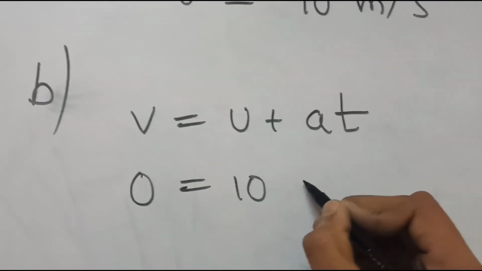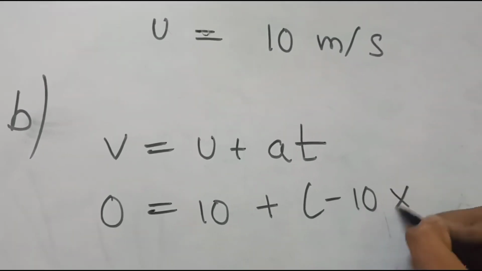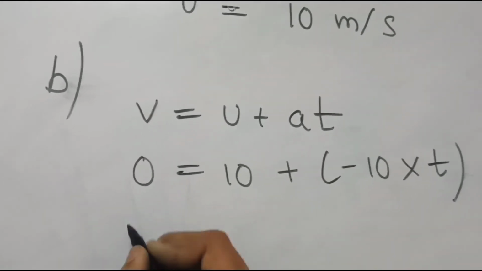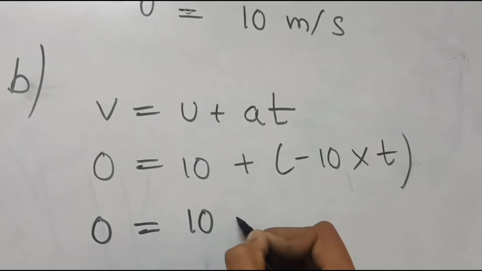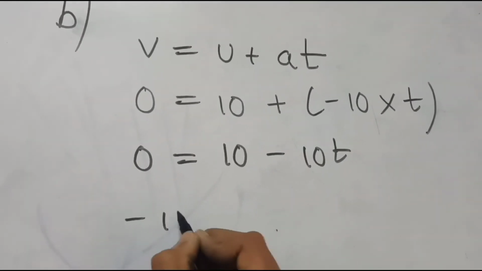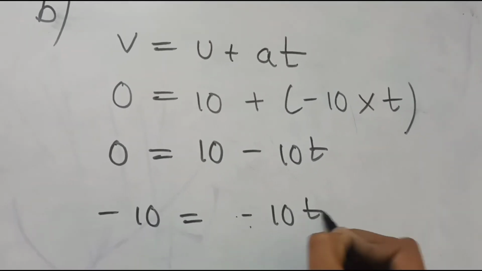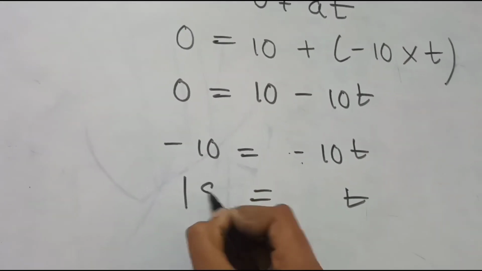So 0 is equal to 10 plus minus 10 into t. So 0 is equal to 10 minus 10t. So minus 10 is equal to minus 10t. So t is equal to 1 second.